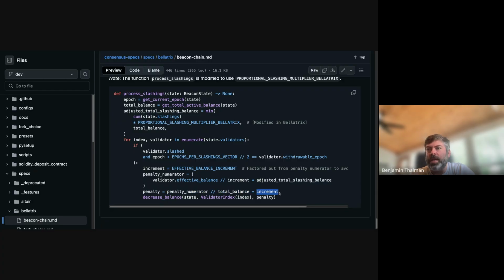Now, multiplying by increment, multiplying back by a billion: recognize that this piece in this calculation is giving you an amount in ETH, in other words, your balance in ETH rounded down to the nearest whole ETH, multiplied by adjusted total slashing balance. This part, though, is not in ETH, it's in Gwei. And so this penalty numerator is this weird number where you're mixing ETH and Gwei, but you're getting back to a Gwei penalty when you multiply through by increment.